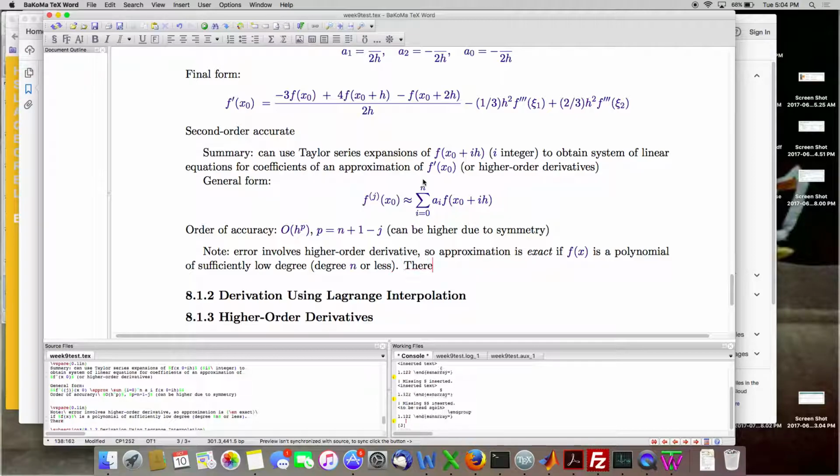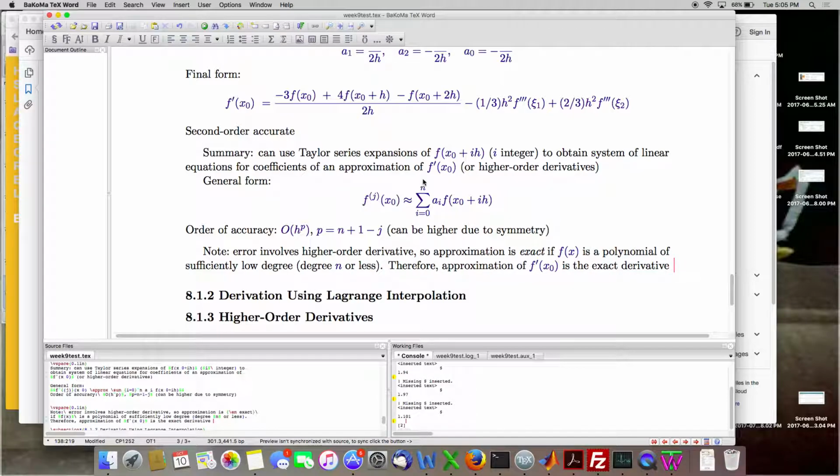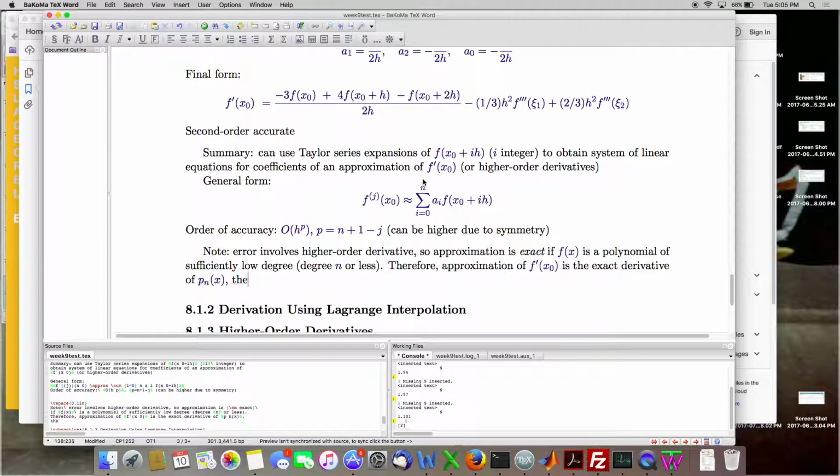What we can say is our approximation of f prime, or whatever derivative you want, I'll just use f prime in this case, is the exact derivative of P_n, the interpolating polynomial, or polynomial that interpolates f at all these points that we're using in our approximation up here.